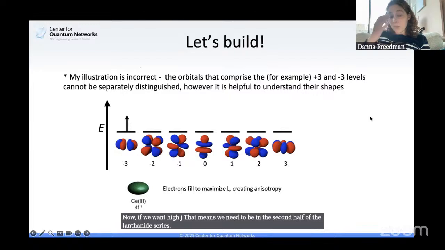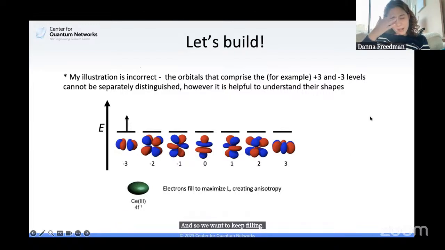And so we want to keep filling electrons. And so let's say we fill the 7 electrons and then we decide to add, let's say 1, 2 more electrons, maybe 3 more electrons.